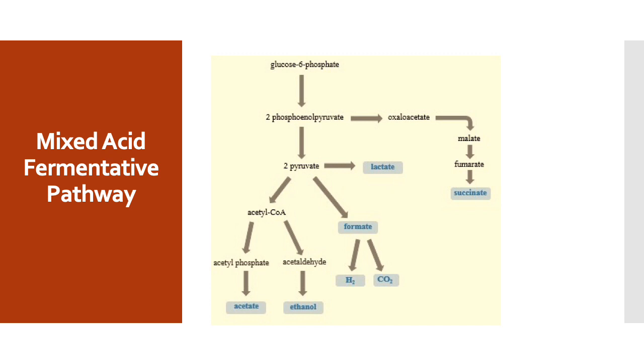So this is how different acids are produced, and D-glucose is completely oxidized into a number of acids like lactic acid, acetic acid, formic acid, succinic acid, ethanol, CO2 and H2 as shown in the pathway. Friends, mixed acid fermentative pathway gives 4 moles of acidic products, 1 mole of ethanol and 1 mole of CO2 and H2 each per molecule of glucose.